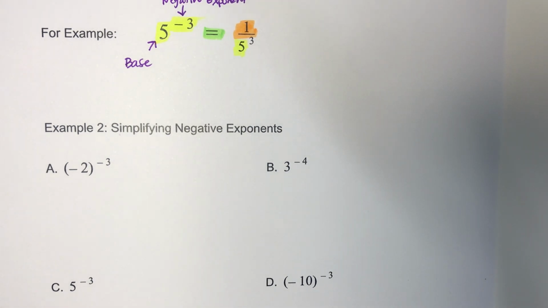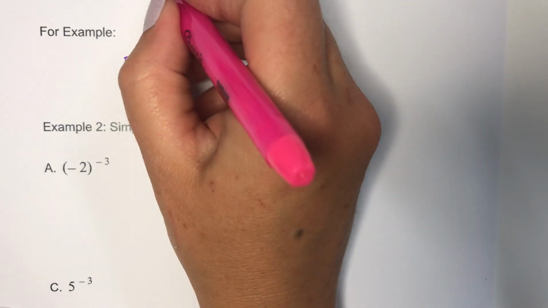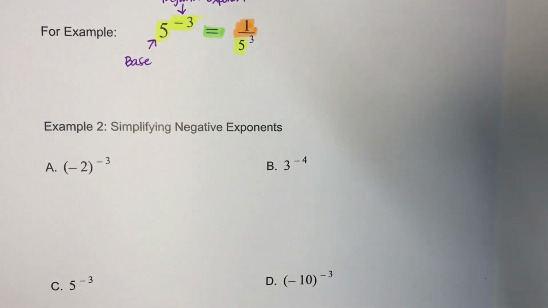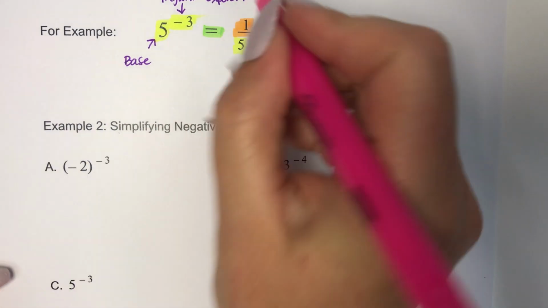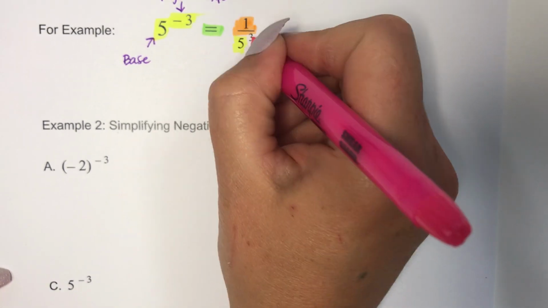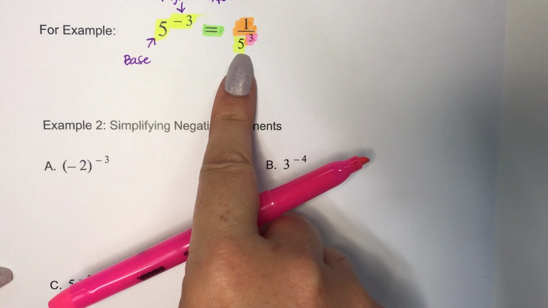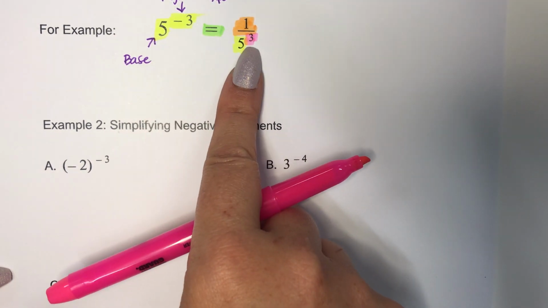This is kind of fun. The opposite positive power. It's the same thing, except this negative 3, when it goes down here and flips to the bottom, we're in the top of the fraction and now we're in the bottom. It goes from negative to positive.